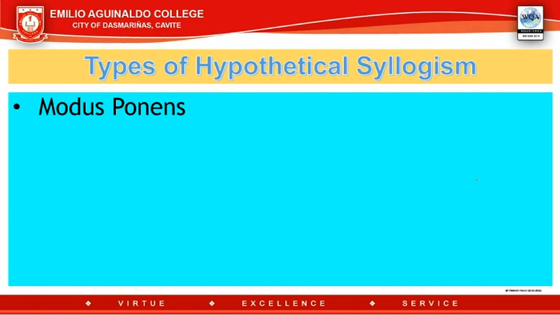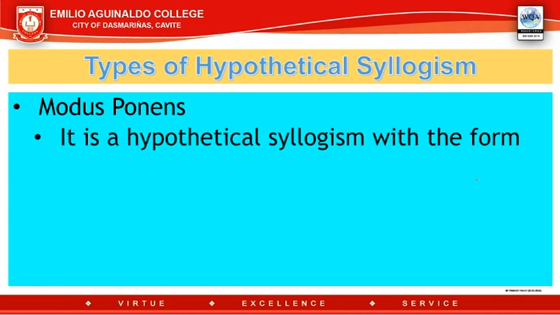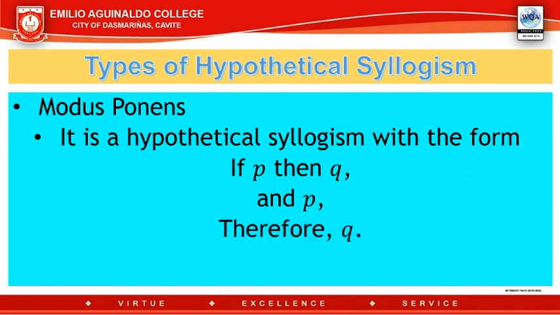The first type of hypothetical syllogism is what we refer to as modus ponens. This is also part of our tautologies. It is a hypothetical syllogism with the form if P then Q, and P, therefore Q. So we can see these symbols: P implies Q, that is if P then Q, P, therefore Q. So paano daw ba to?